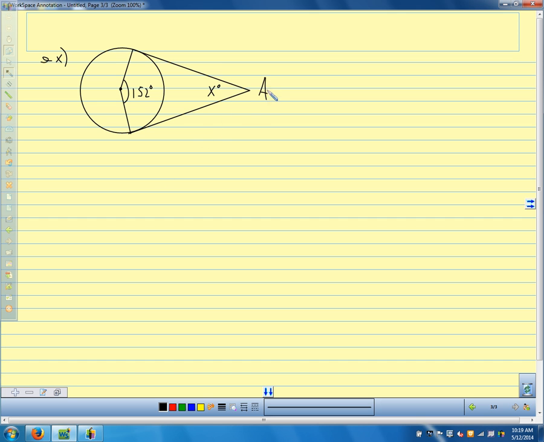I'm going to call the points A, D, C, and O. For this problem, segment AD and segment AC are tangent to the circle. We want to find x.